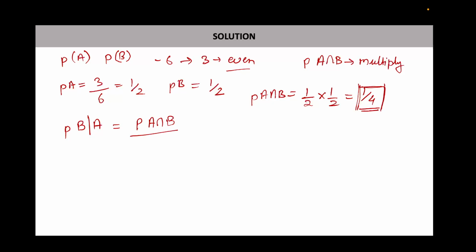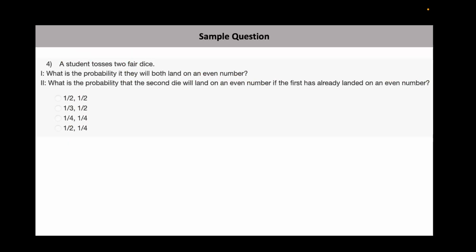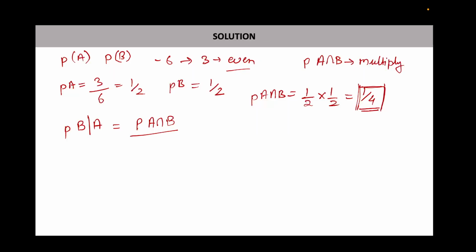As I told you in the previous question, when the question says that a situation has already happened, your denominator will be that situation. In this case, the first die has already landed, that was given, so the probability of the first die will come in the denominator.